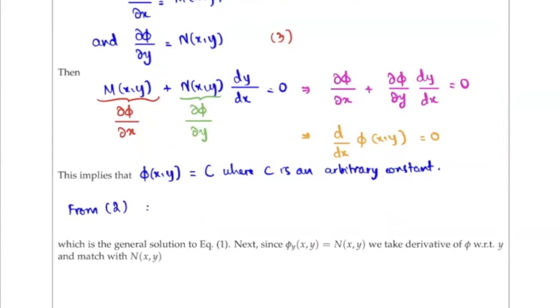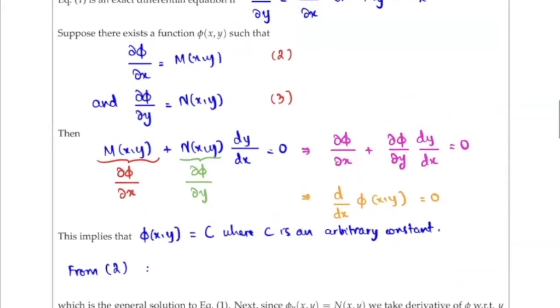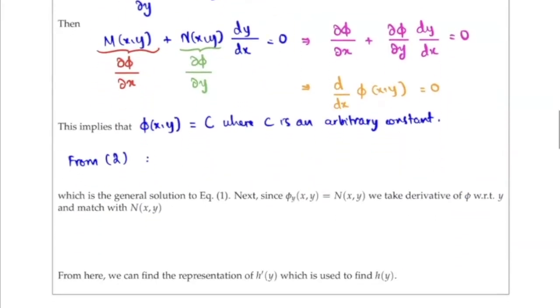From 2, I'm going to take the antiderivative, or integrate both sides of these equations. I get phi of x comma y equal to the integral of M with respect to x. When you find the integral of M, you have an antiderivative of the form capital F of x y plus some constant. Remember, we are working with functions of two variables. So when you find the indefinite integral, you usually have the plus C at the end, an arbitrary constant.